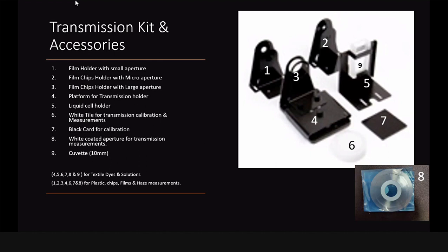And one more thing I just want to add. If we are ordering the 7800, the customer has flexibility to choose the mode, because they can order the 7800 and it is not compulsory for them to immediately buy the transmission kit. Maybe after 1 year or 2 years, when they start doing transmission measurement, they can buy it afterwards as well.